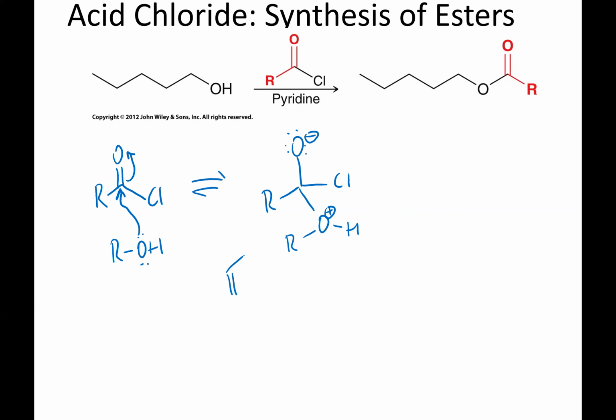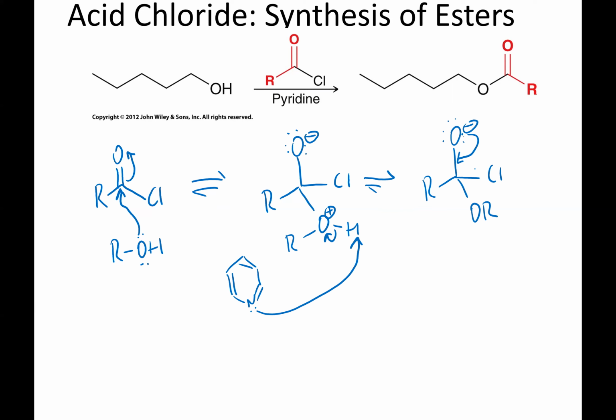We've got pyridine present, so let's use it to deprotonate at this stage. Now we're set up. We're reforming the carbonyl. We'll kick out the chloride. And we form the ester that we desire.